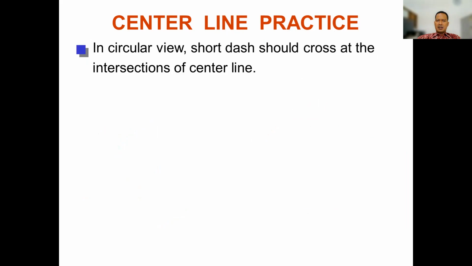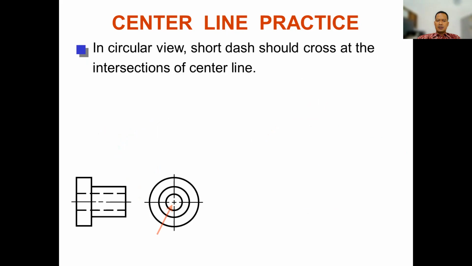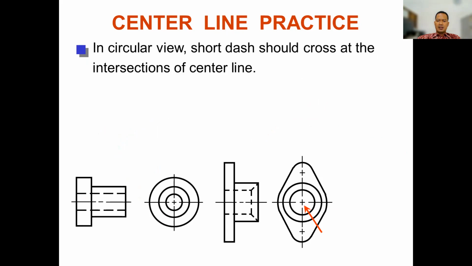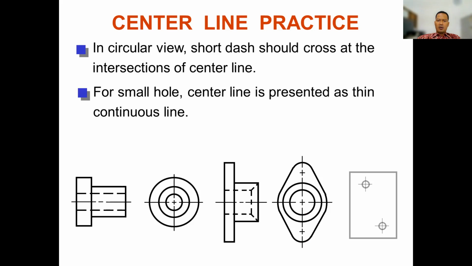Center line practice in circular view: it should cross at the intersection of center lines. You see, this is the center line, and also this one is a center line. For a small hole, the center line is presented as a thin continuous line, for example.